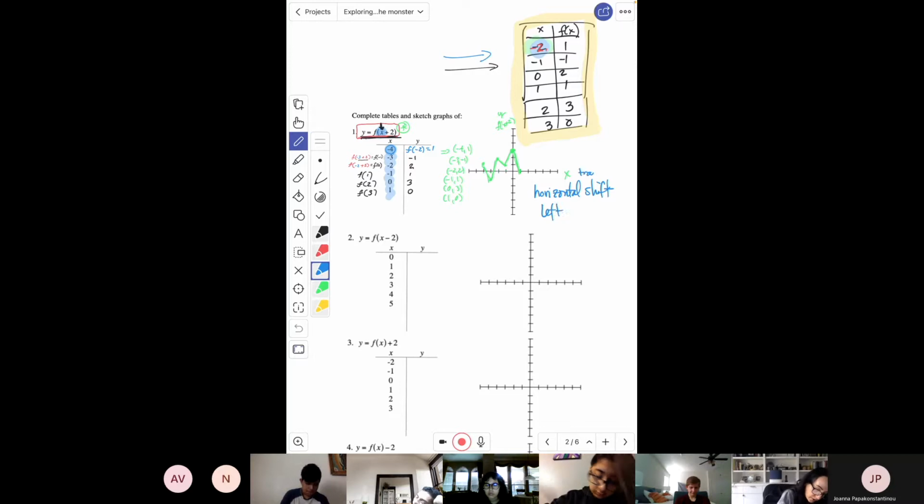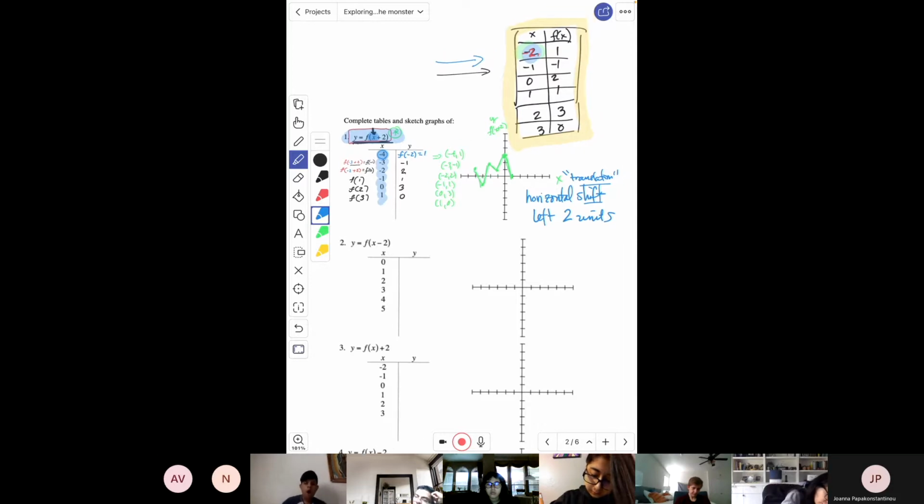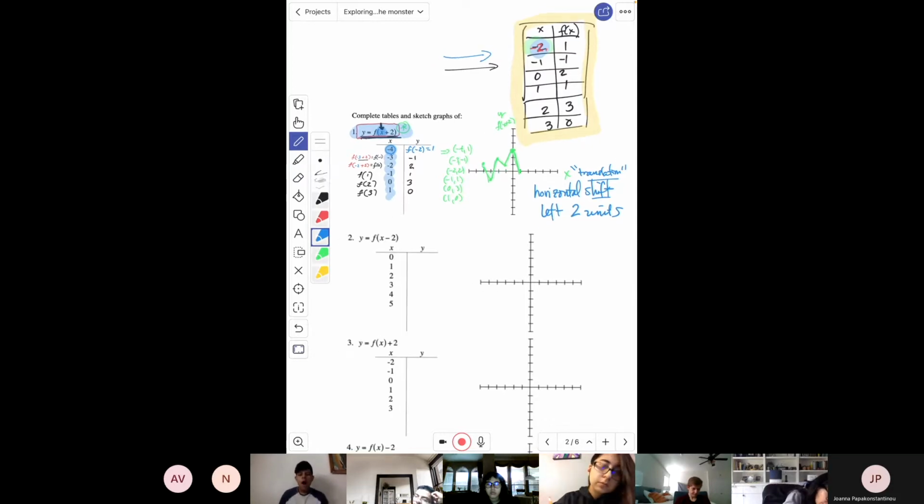Shift or translation mean the same thing. 2 units. So now let's go back and look at our equation. By adding 2 to the x value, I have shifted my graph, my parent function, to get this image function. So this is my image function.